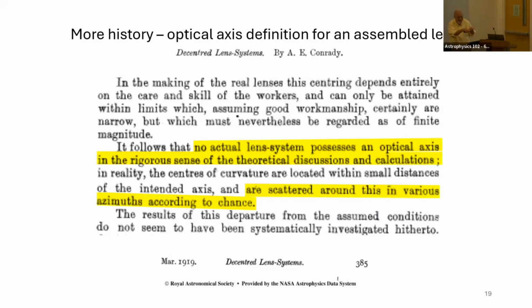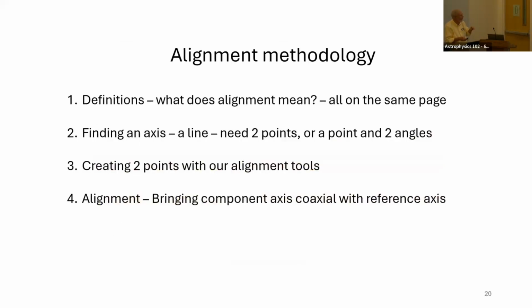But anyway, Conrady said that real lens systems, as actually put together, don't have an optical axis like in your CODE V program, where everything's lined up perfectly on the screen. The centers of curvature are a small distance from the intended axis and kind of scattered around. I'm going to show a slide on how we can determine exactly where the unique optical axis of an assembled system is. Okay, we'll get to the alignment.